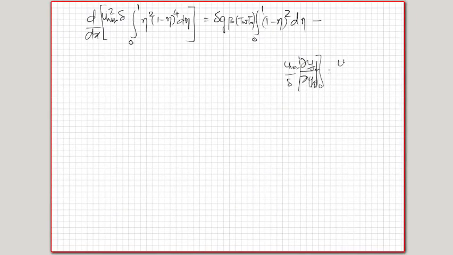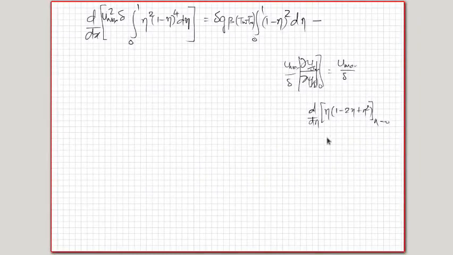So this will be equal to u max by delta multiplied by d by d eta of eta into 1 minus eta the whole square at eta equal to 0. So if I write this as eta multiplied by 1 minus 2 eta plus eta square, and differentiate this, I get eta minus 2 eta square plus eta cube.